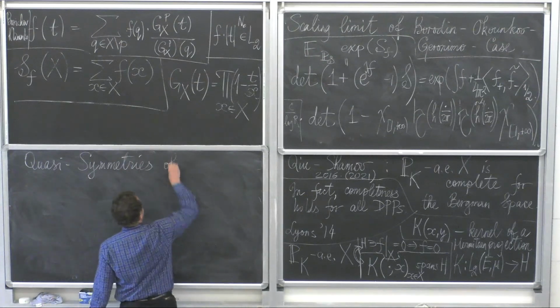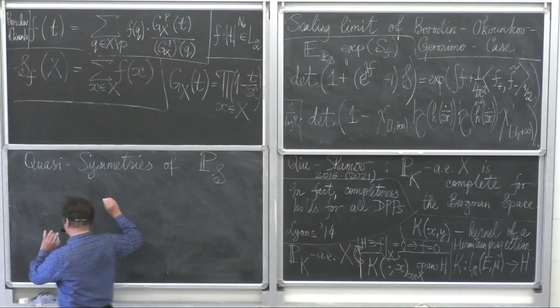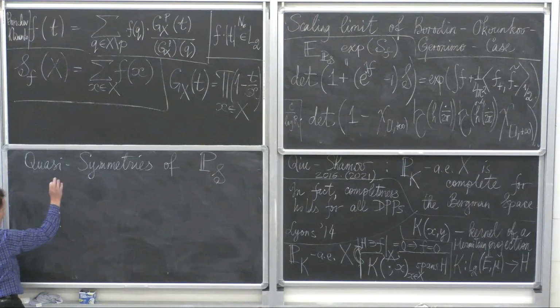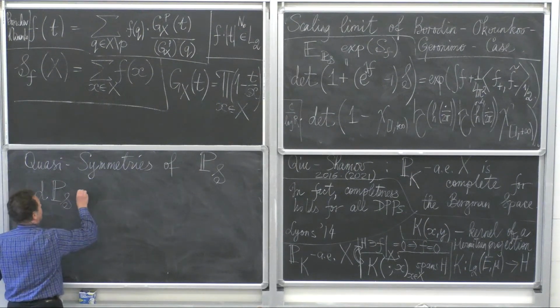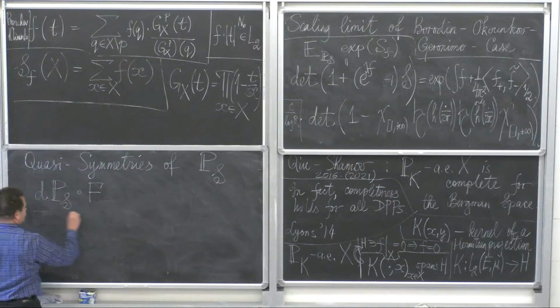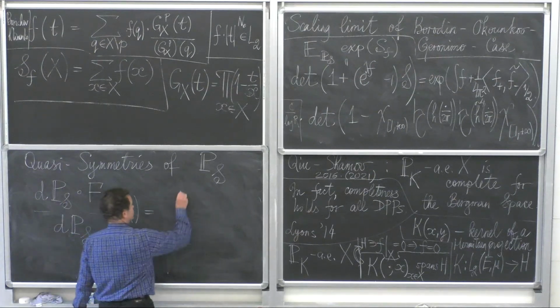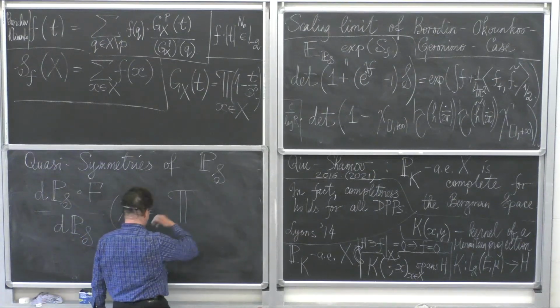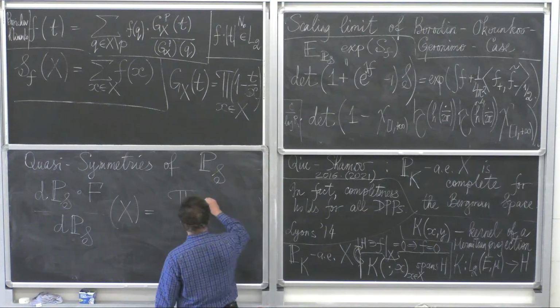Again, I should say I stick to the sine process, but these results have analogs also for Airy, Bessel, and so on. So just the sine process, post-composed with a diffeomorphism, is in fact an equivalent measure to the initial measure.